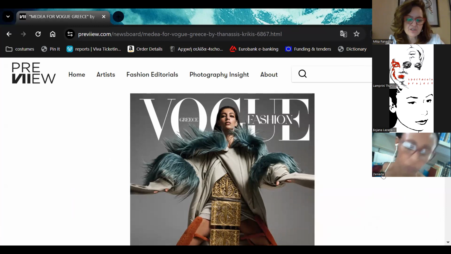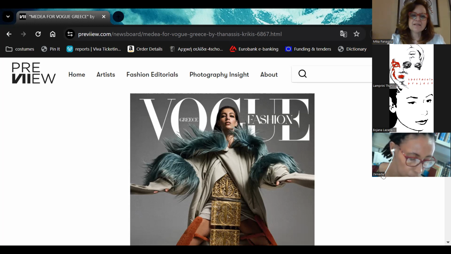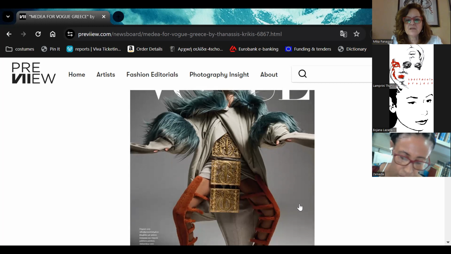What they do in fashion, as you know, is that they really like the concepts, and so they borrow concepts from everywhere, usually from past eras. The Rococo era is like their favorite thing in fashion. Many times they choose from ideas. It's not very direct here, but I found it interesting for Medea.